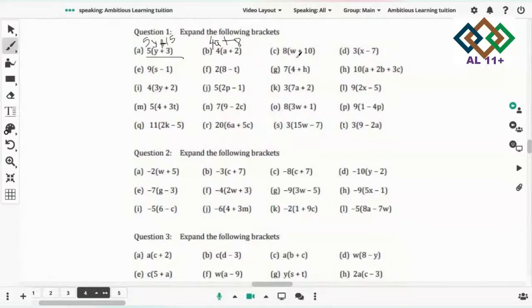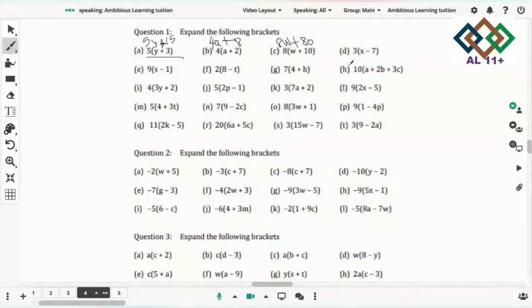For C, the same thing will happen now. 8w plus 80. You have to open the brackets and write your answers. So remember to open your brackets really carefully, because sometimes you all get really nervous when you open the brackets. Then you have 3x minus 7.